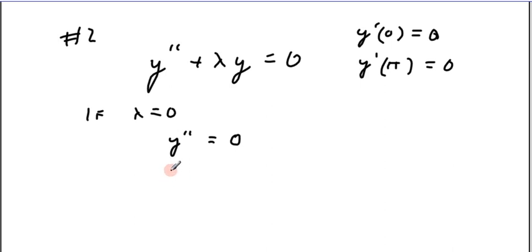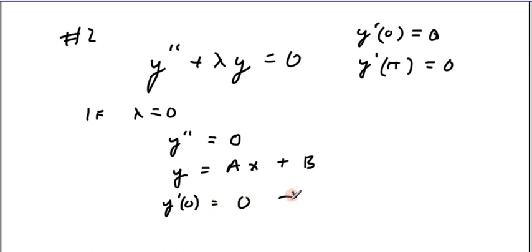Well, if I'm going to solve that differential equation, it's going to be in the form y is equal to ax plus b. And if I take the first derivative, I get a, and if I take the second derivative, I get 0. Now, y prime at 0 has to be 0.